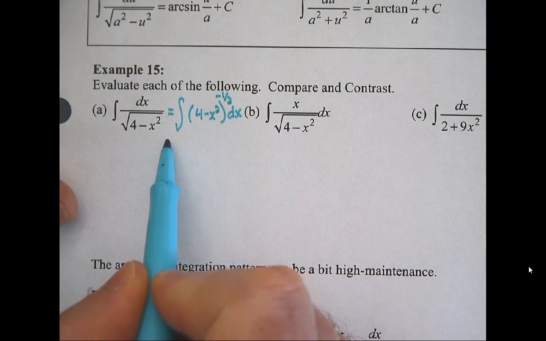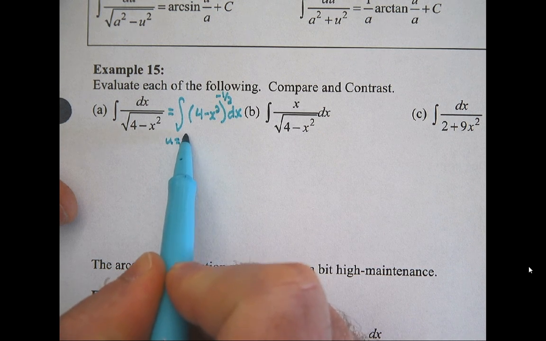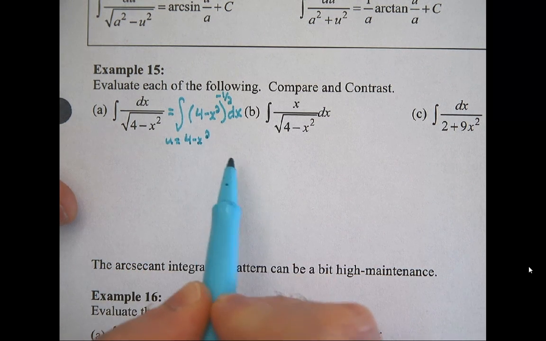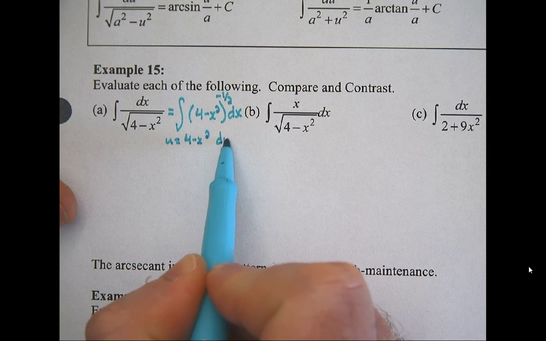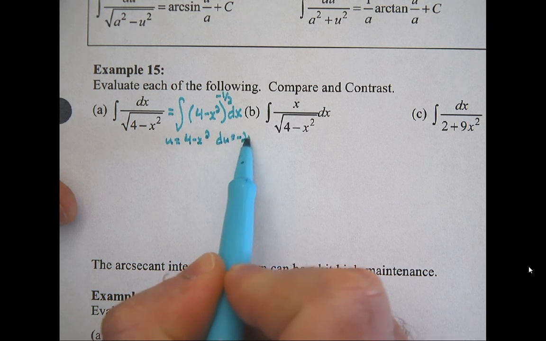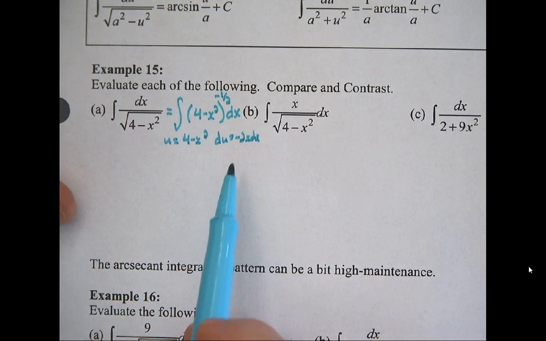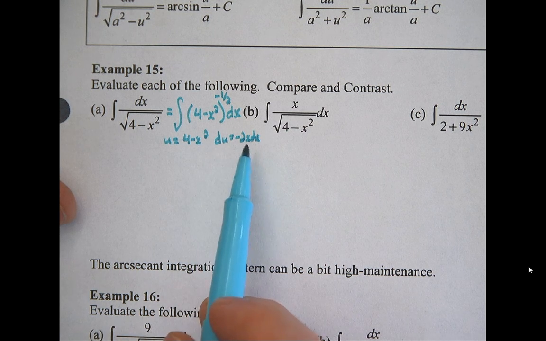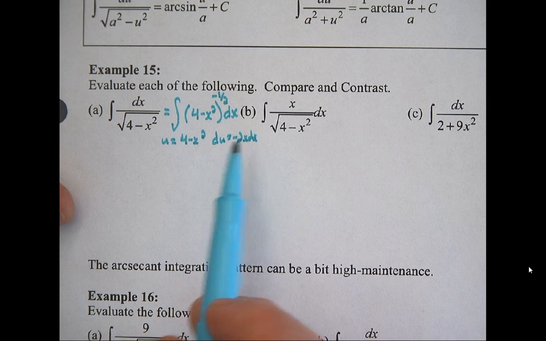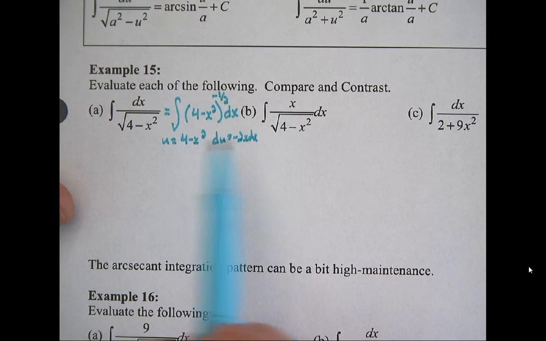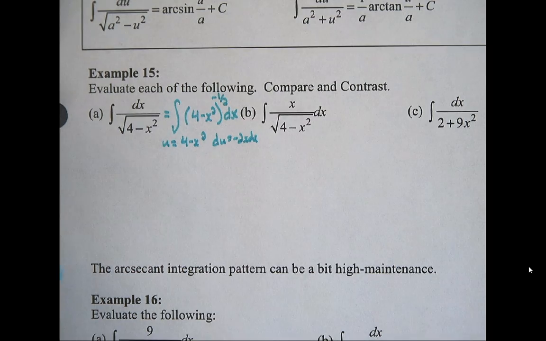So my u would be the inside function, and then my du would be the derivative of that, which is negative 2x dx. And right away we run into a problem. We don't have the x. I can generate the negative 2, but I can't generate a variable. So we're stuck already. So this is not going to be a u/du type of a move.